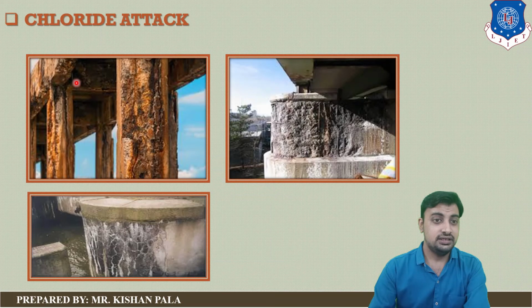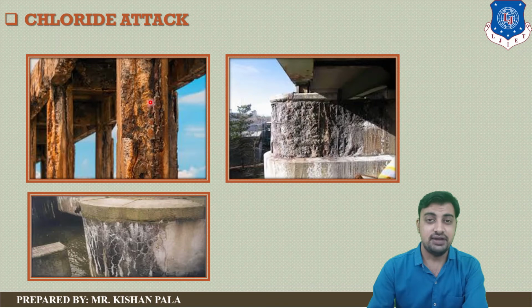Now let us see photos regarding the chloride attack. Here you can see in this photo RCC is affected by the chloride attack, and this will affect the reinforcement of the elements through corrosion.